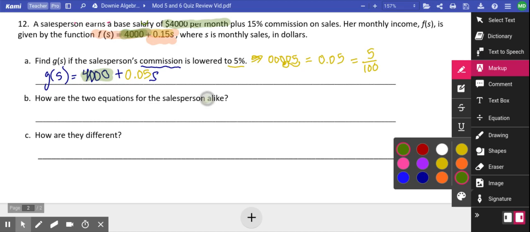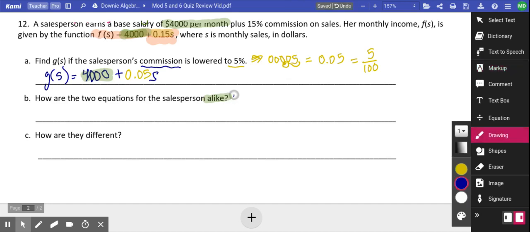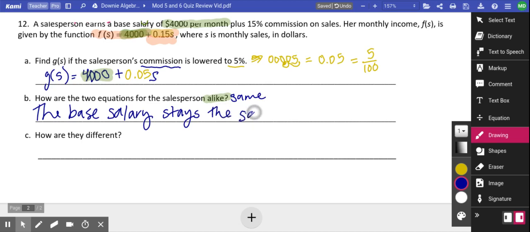So what is alike, what is the same, is the base salary stays the same.